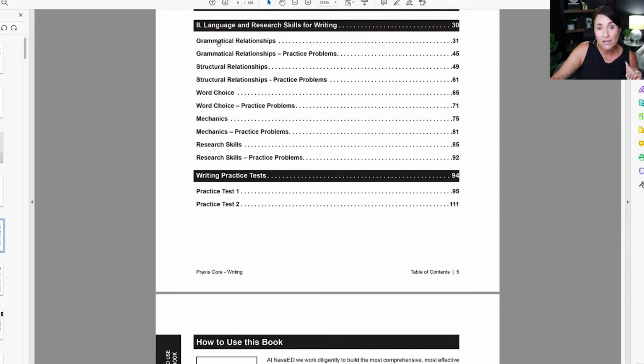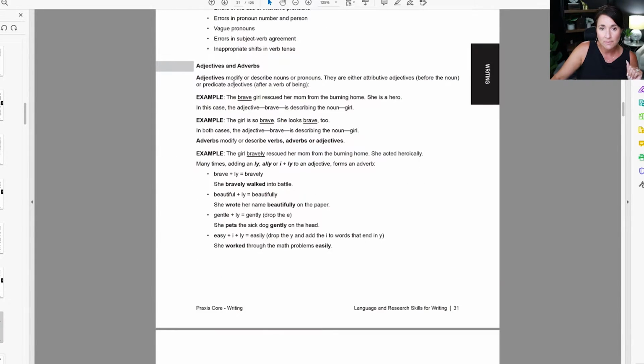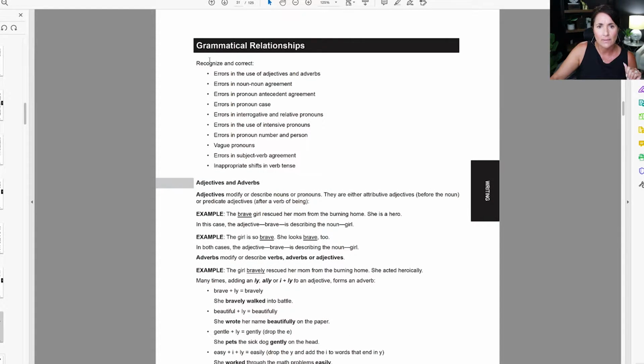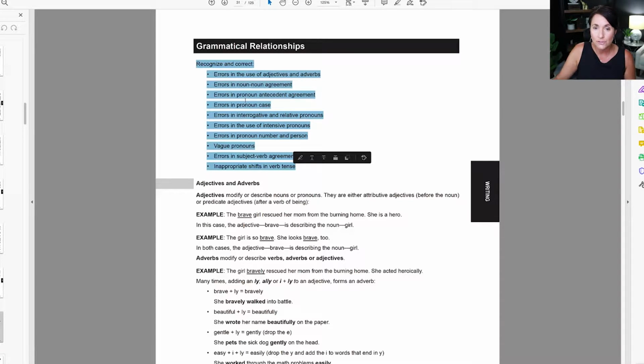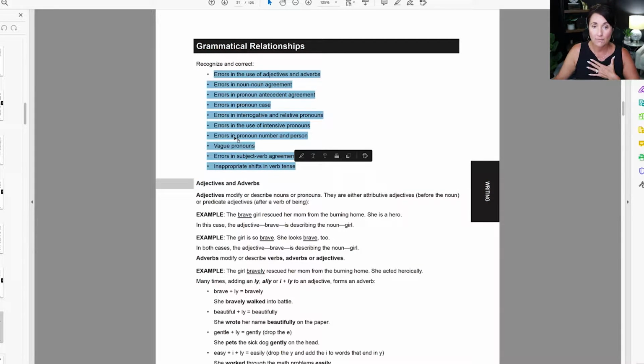So let's go here. It's broken up again. So here's the grammatical relationships. We've got all of the specifications underneath grammatical relationships taken directly from the study companion, and notice that we cover it all here. Anything covered in the study companion, we cover in our book.